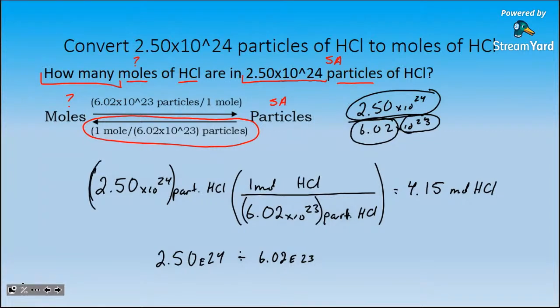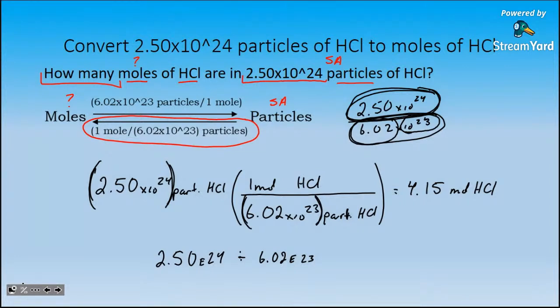By putting these values inside of parentheses, you're telling the calculator that you want the entirety of that 2.50 times 10 to the 24th divided by the entirety of Avogadro's number.